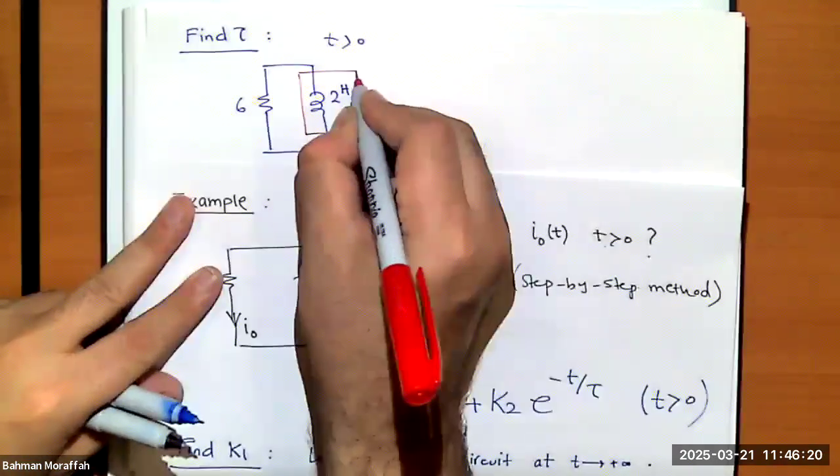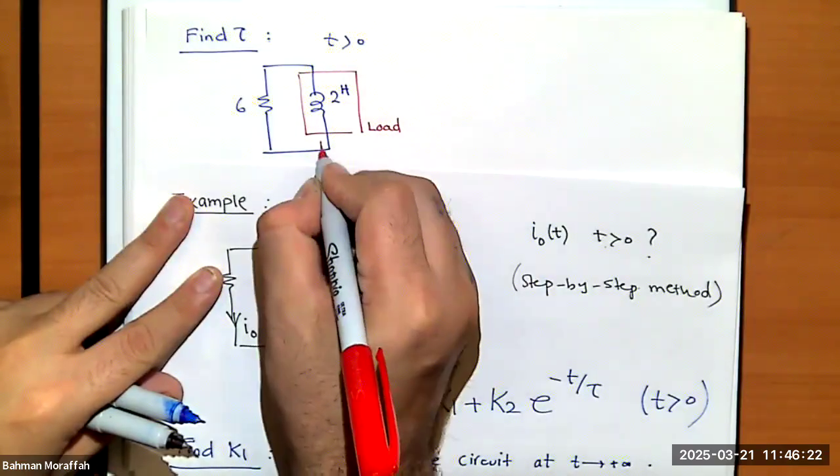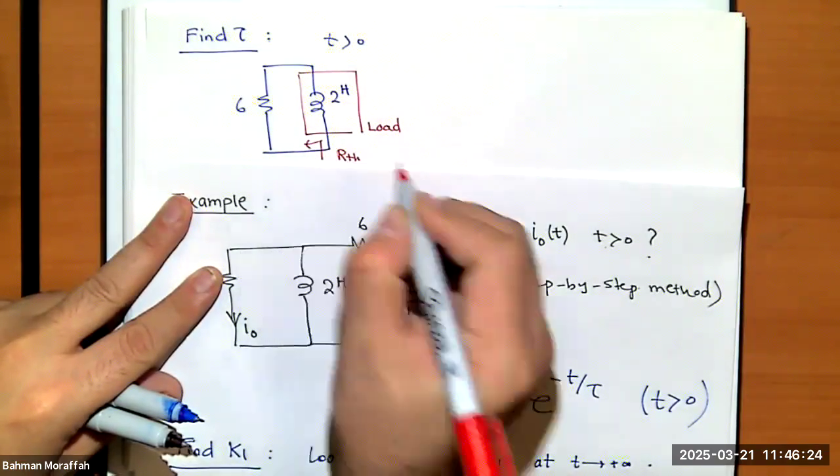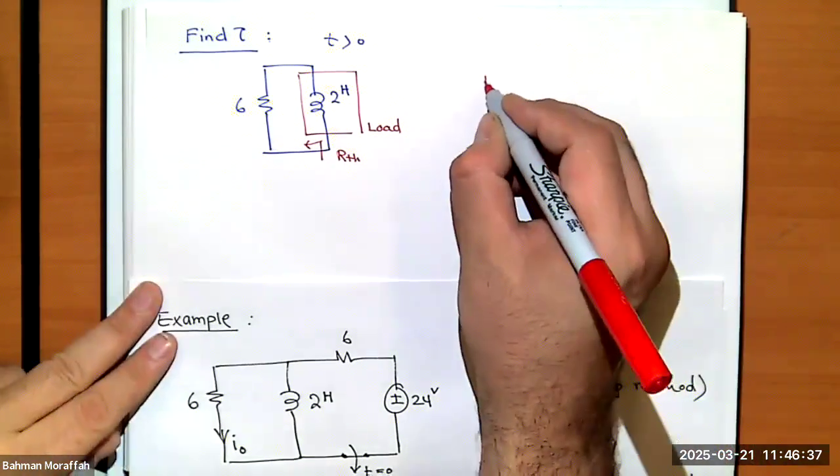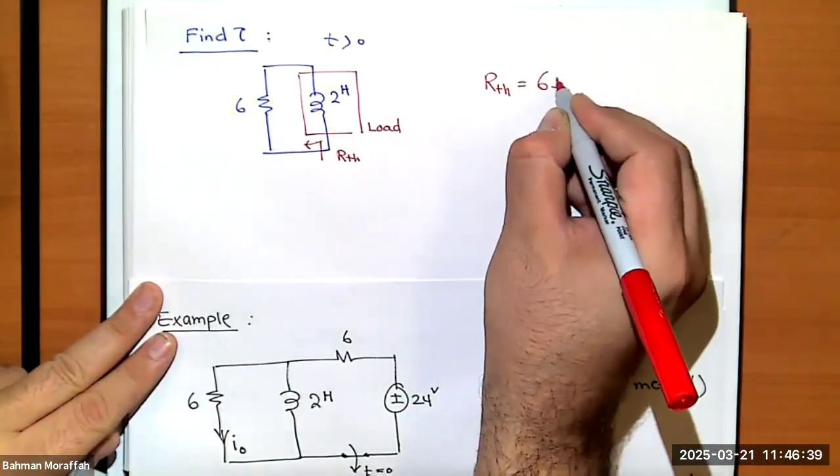This is my load, and I have to find our Thevenin here. What is our Thevenin? There's only one resistance, it's 6, right? So our Thevenin is 6 ohms.